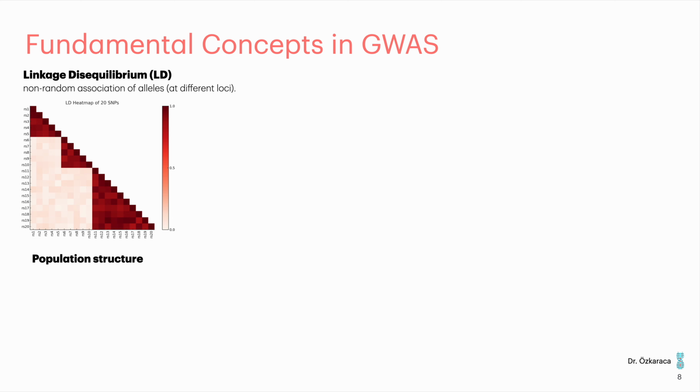And the next concept I would like to explain is population structure. And that refers to the fact that differences between populations can confound GWAS results. For instance, oversampling certain populations for cases.